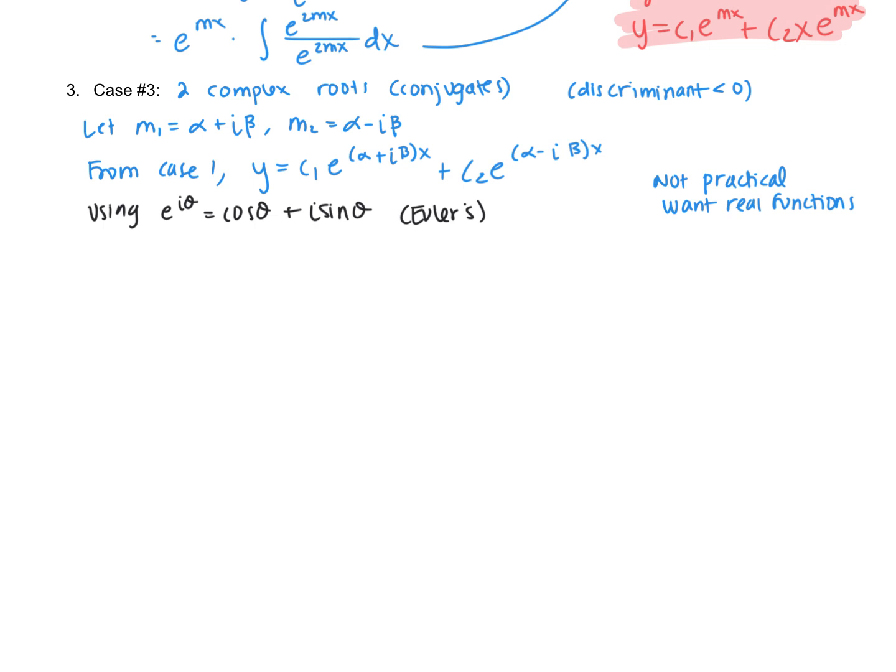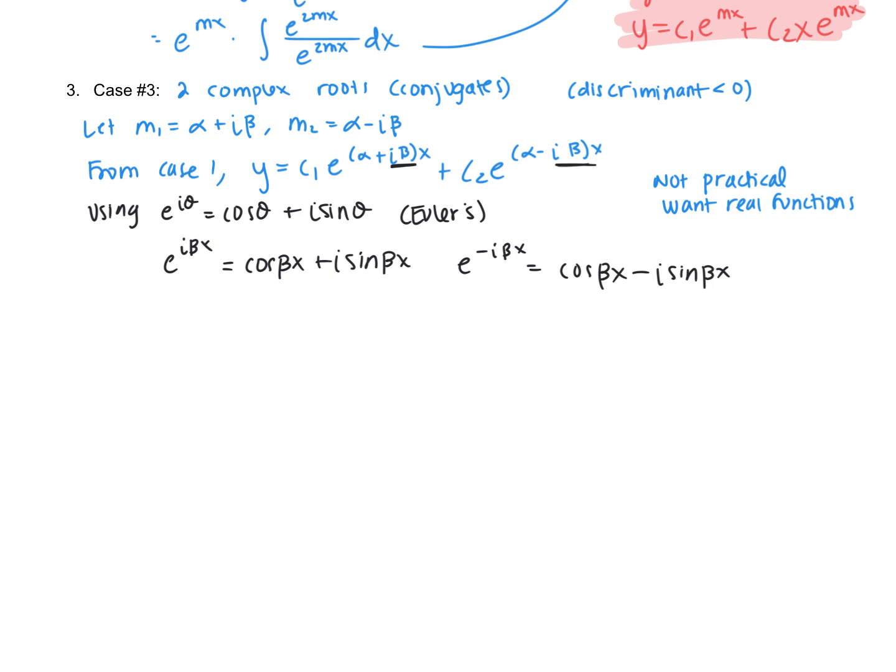So then, if we're looking at our imaginary parts up here, we have e to the i beta x. So we can write that as cosine of beta x, add i times sine of beta x. Likewise, on that second term, we have e to the negative i beta x. So that can be written as cosine of beta x, subtract i sine of beta x.